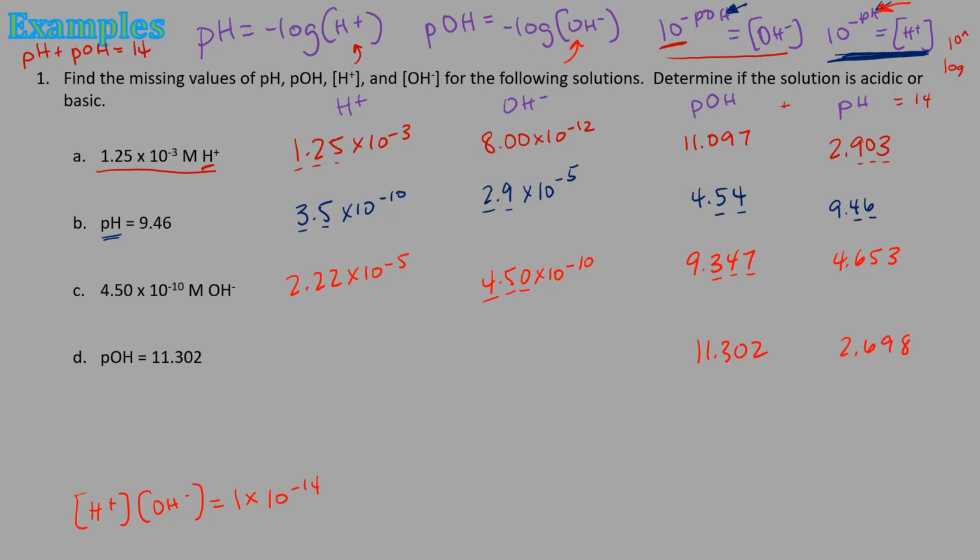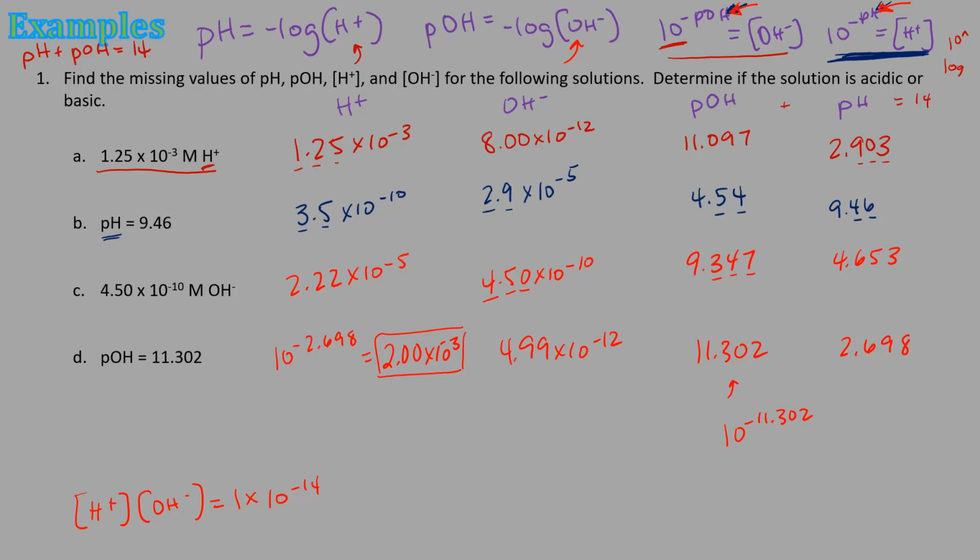And then to get the hydrogen ion concentration, remember I'm just going to take 10 to the negative 2.698, and that is going to give me 2.00 times 10 to the negative third, I'm sorry. And then for the hydroxide concentration, I'm going to use this one, same thing, 10 to the negative 11.302, right here at the top. And that would end up giving me 4.99 times 10 to the negative 12.